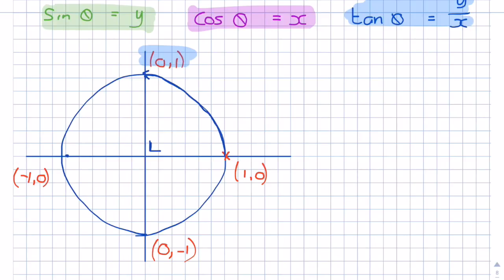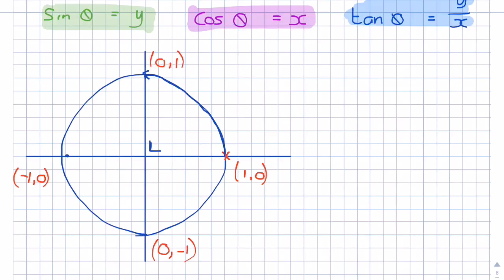So that means the sine of 90 is 1. The cos of 90 degrees, well, cos is the x coordinate of the point where our angle meets the axis, so the cos of 90 degrees is going to be the x coordinate, which in this case is 0.